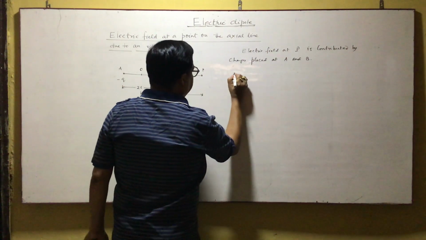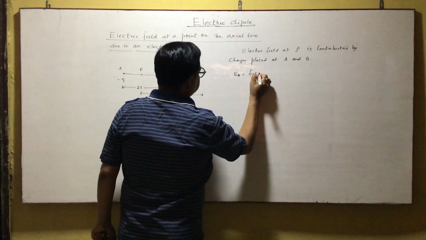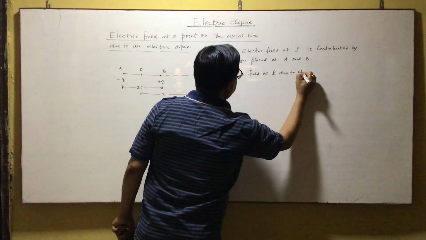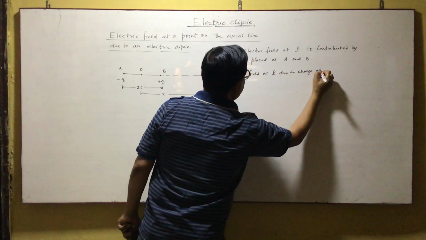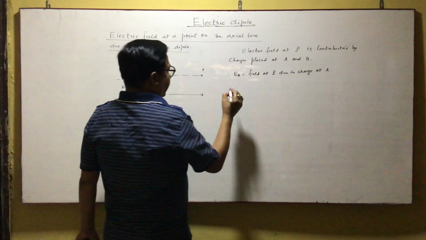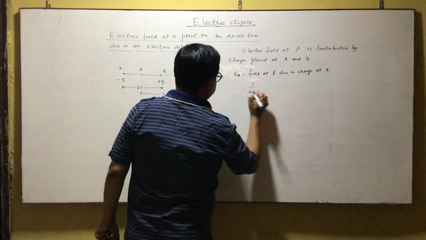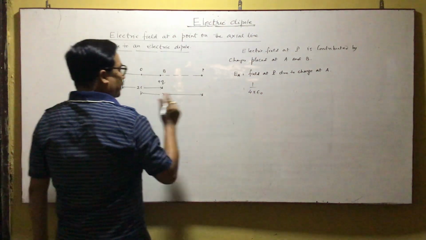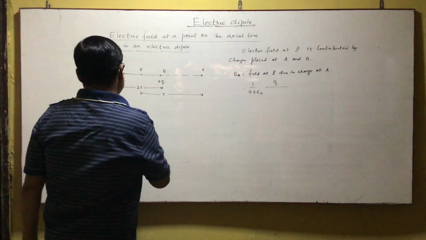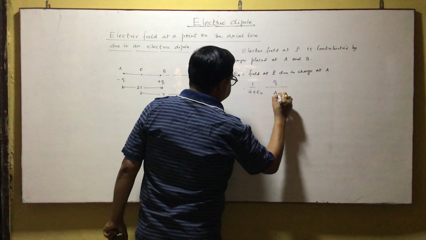So if EA is the field at P due to charge at A, then we can write the formula 1 by 4 pi epsilon naught, and charge at A is Q magnitude upon the distance from A to P, so AP square.